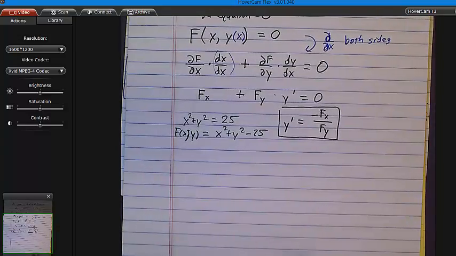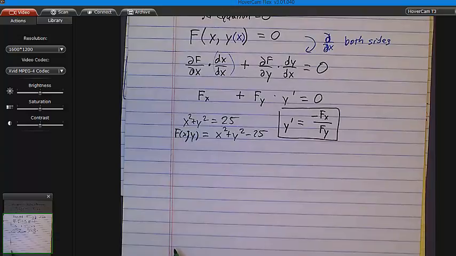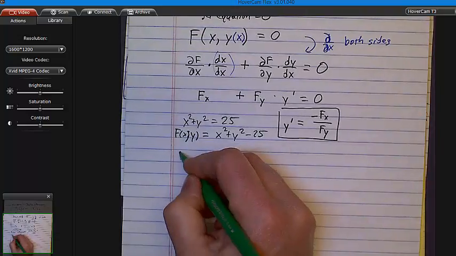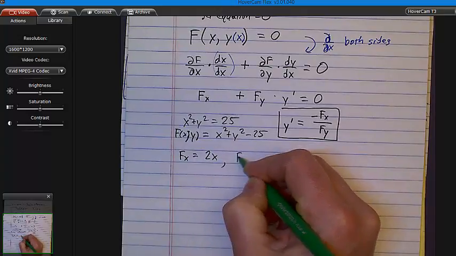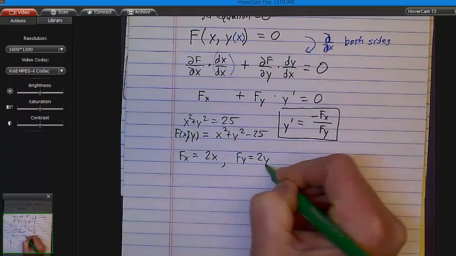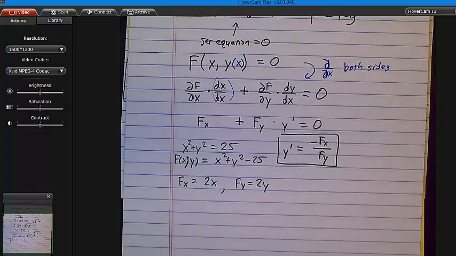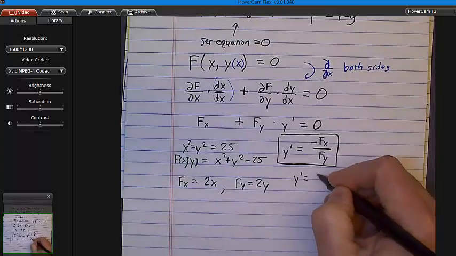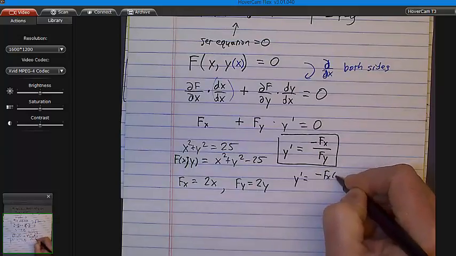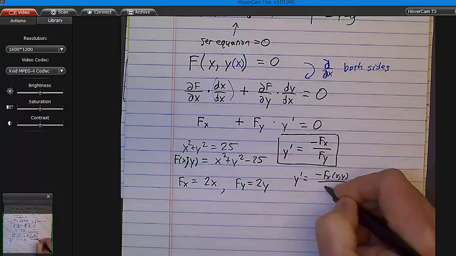So that's big F. Notice that fx is 2x, and notice that fy is 2y, right? And so my formula, again, y prime is negative fx of x,y over fy of x,y.